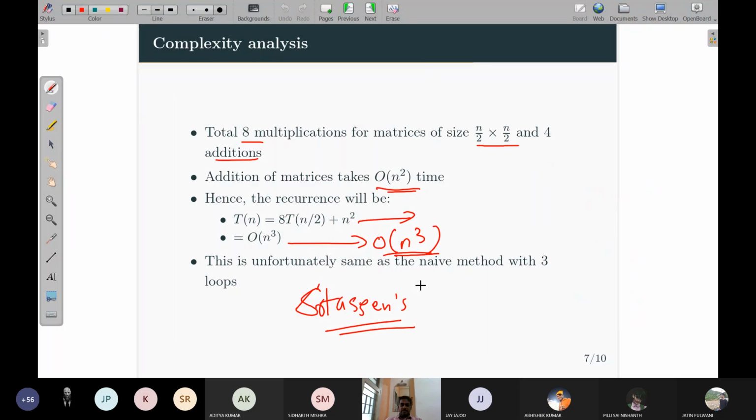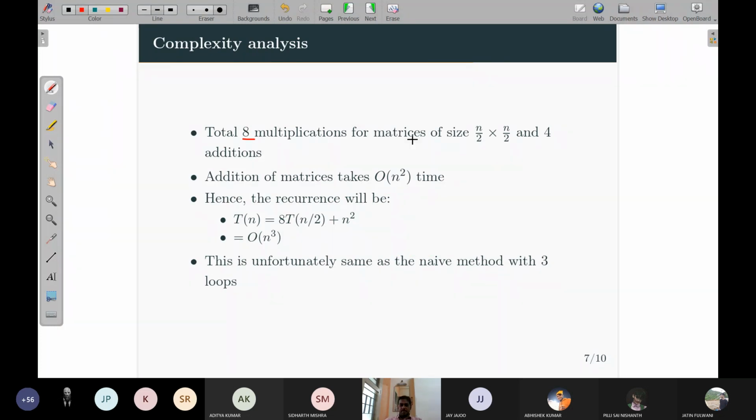If you write the recurrence, total 8 multiplications for matrices of size n by 2, and 4 additions. Addition of matrices will take big O of n square time, we all know.